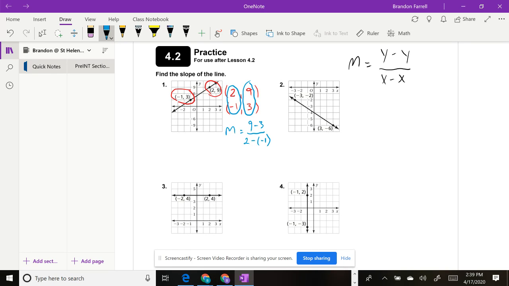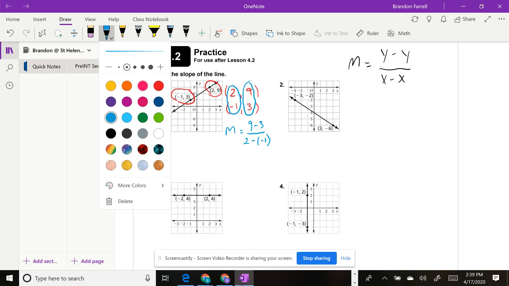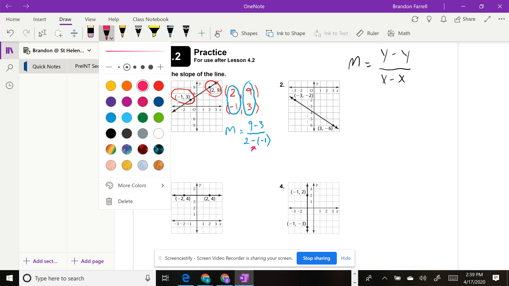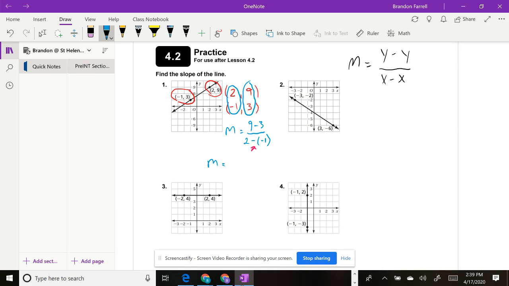Be very careful with the concept of minus a negative so that you don't get confused. So then my answer becomes 9 minus 3 is 6. 2 minus a negative 1 is like 2 plus 1, and then we're going to get 3 for an answer there.